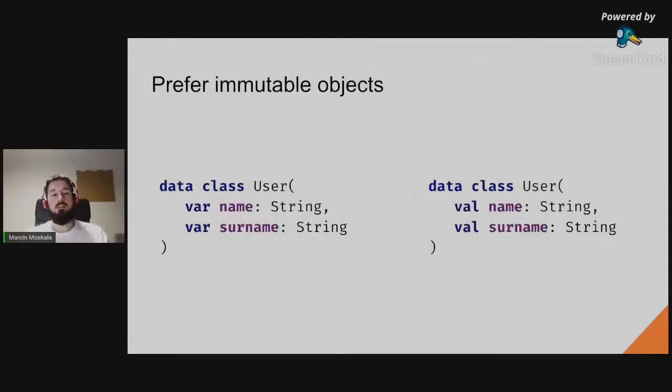Finally, the last important tool that we use in Kotlin to support immutability is to use val over var, and it is especially important when we define data objects. So we strongly prefer read-only objects over mutable objects for many reasons. Some of them we already described.